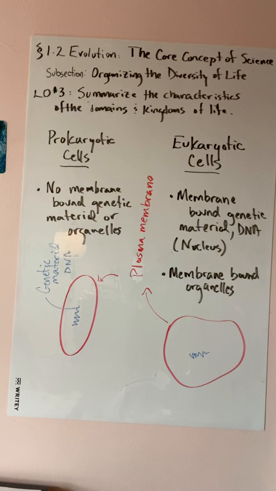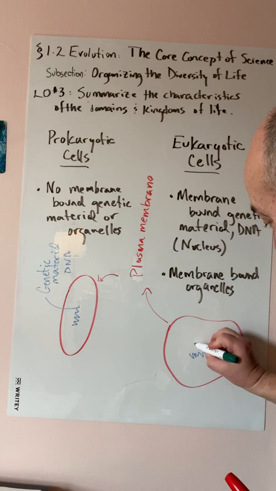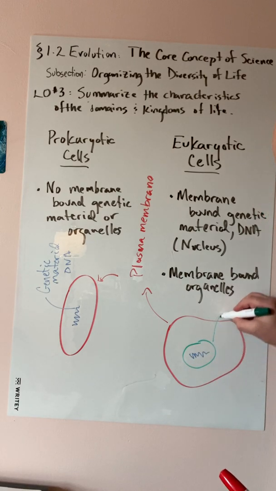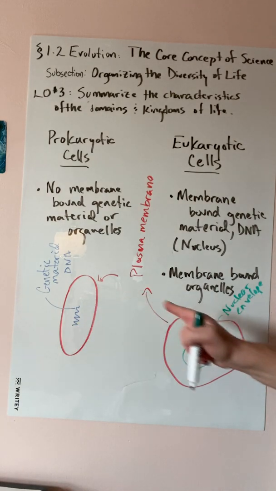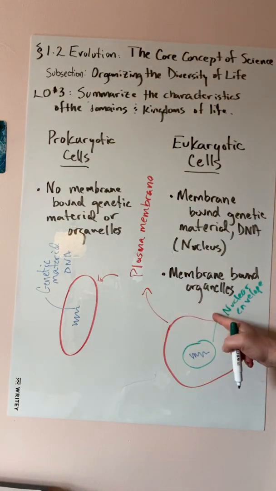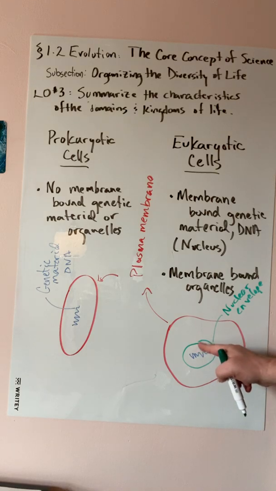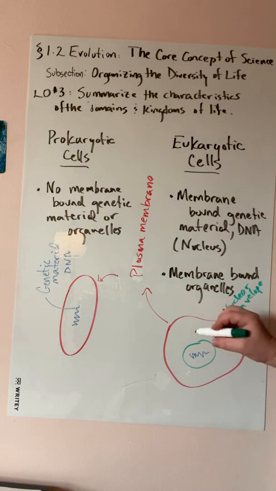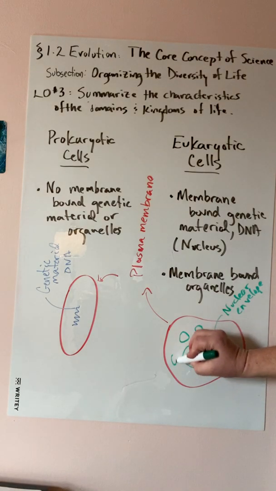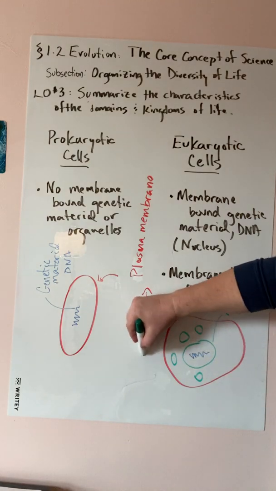The difference, though, as we just said, is that my eukaryotic cell will now have a nuclear envelope. So you notice, same genetic material, same plasma membrane, an additional inner membrane around the genetic material. Plus, this one will have organelles.